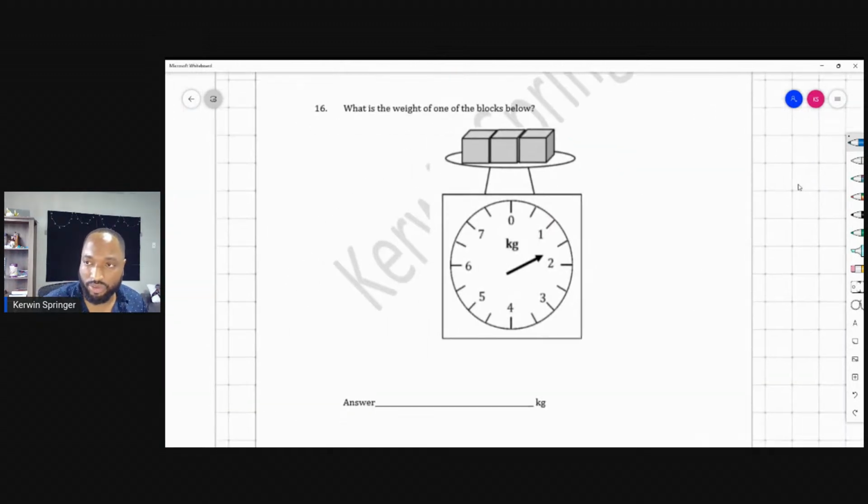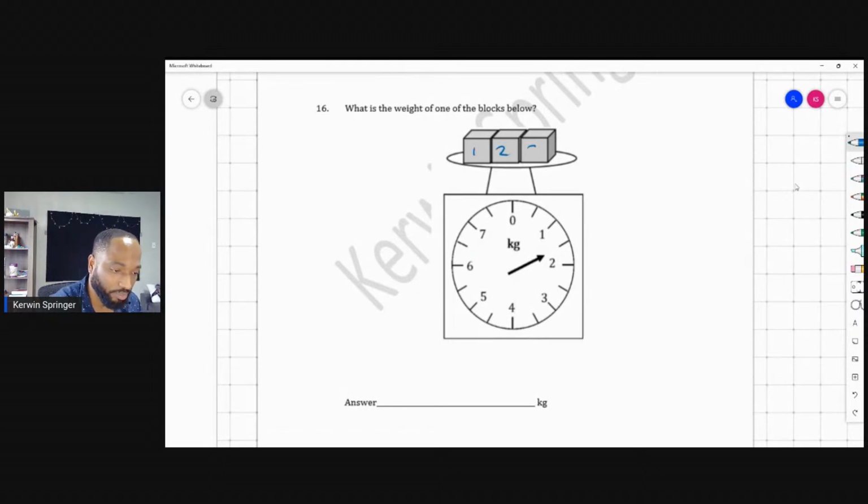What is the weight of one of the blocks? Apparently there are 3 blocks here, and 3 blocks go all the way up till 1.5 kg. So I can say confidently 3 blocks equal 1.5 kg. All right, so this scale looks like it's behaving itself properly.